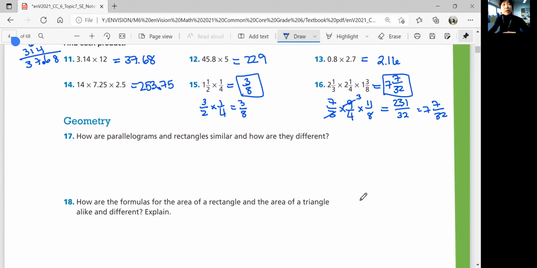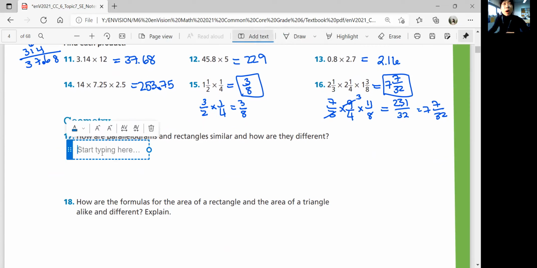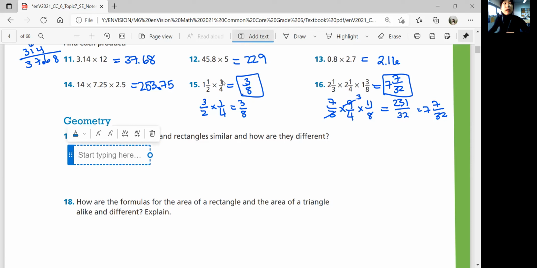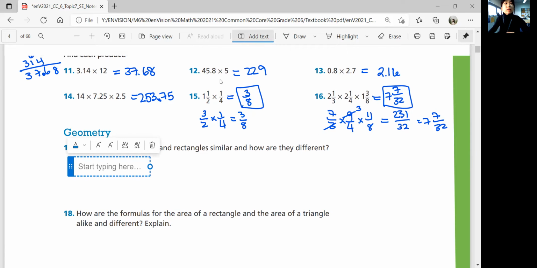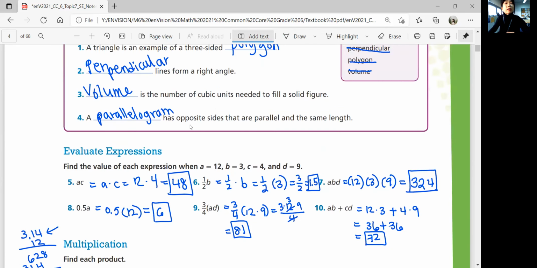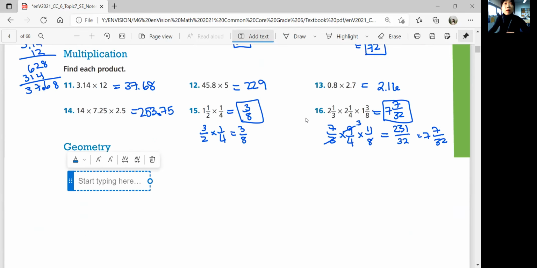Geometry. Number 17, how are parallelograms and rectangles similar and how are they different? How could you describe parallelograms and rectangles? Are they similar? Why are they different? Okay, parallelograms, like we looked at above, have opposite sides that are parallel and the same length.